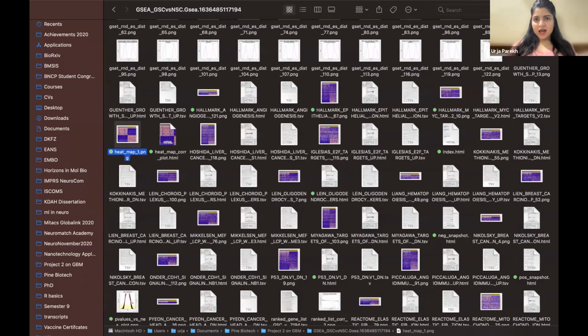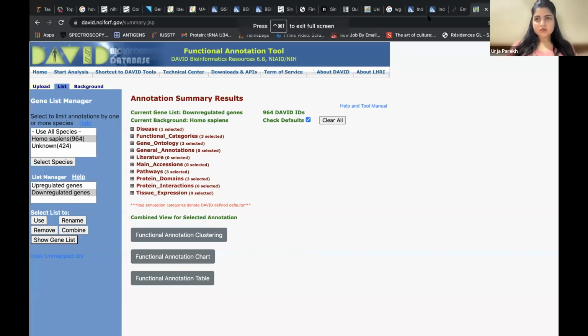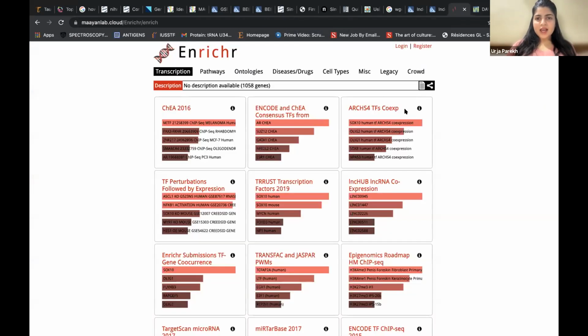Apart from that, I have also used Enrichr and DAVID. I have put in the genes that are upregulated in my particular data set and uploaded them on Enrichr. On Enrichr, I can see what kind of transcription pathways, ontologies or diseases my particular gene set might be enriched in.